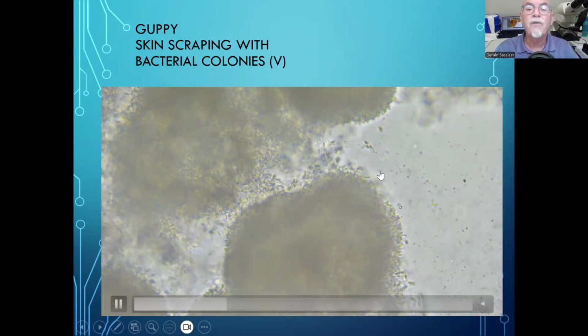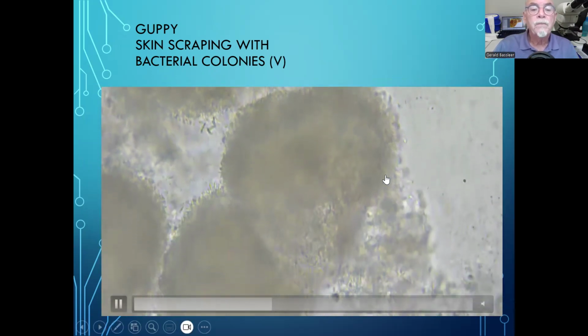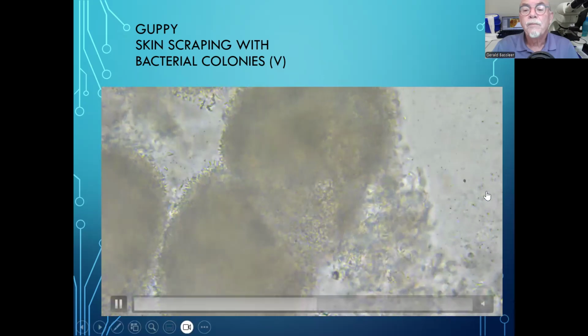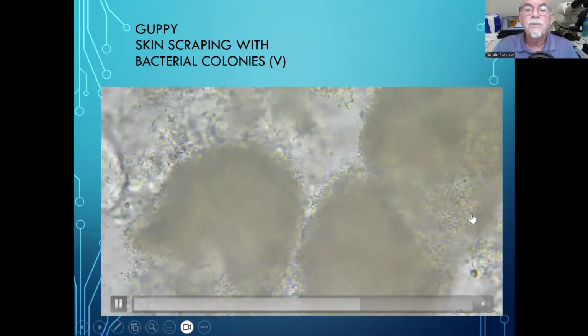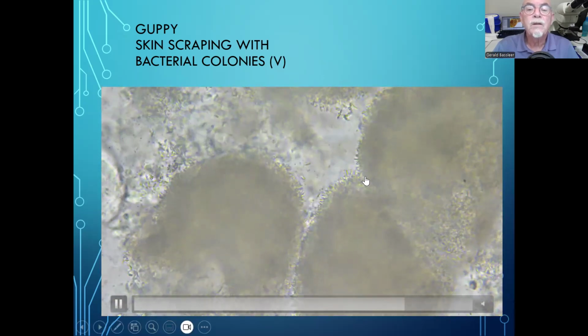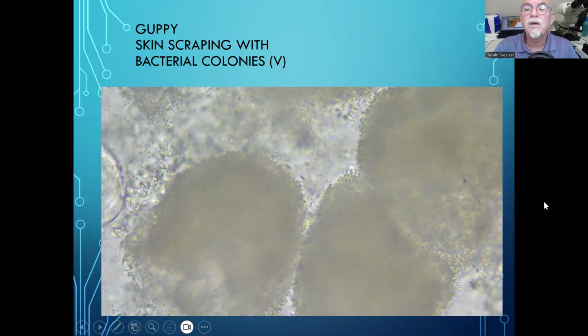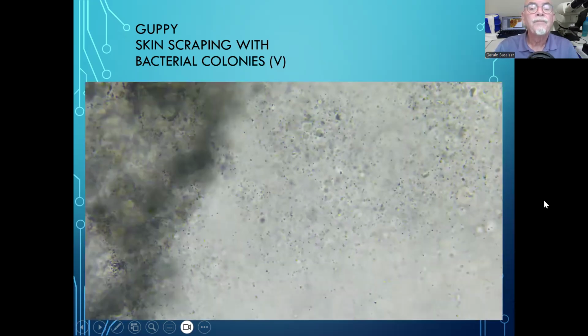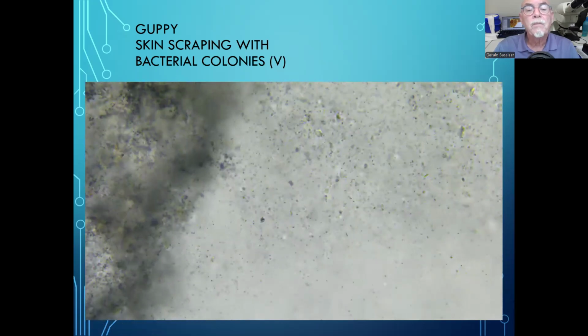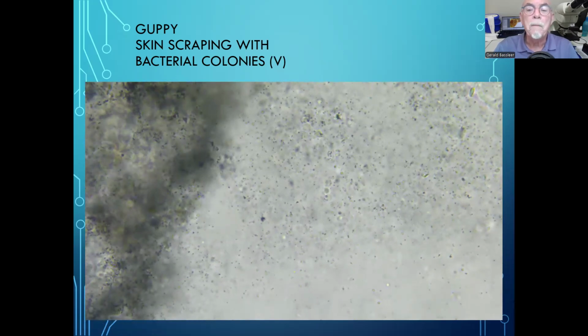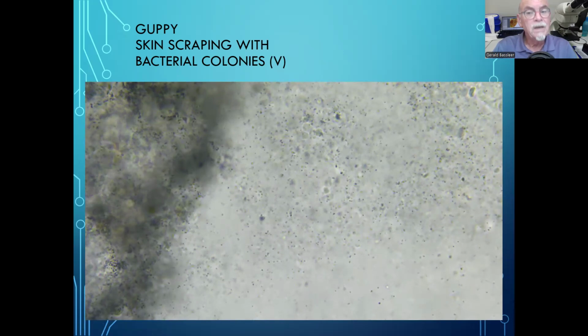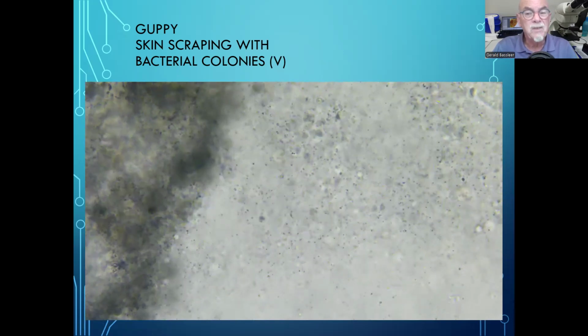See, some are motile, and look here, all the little dark spots, the little patches of bacteria massed together. See, another microscopic observation. You see the massive amount of bacteria that is affecting the skin of the fish.